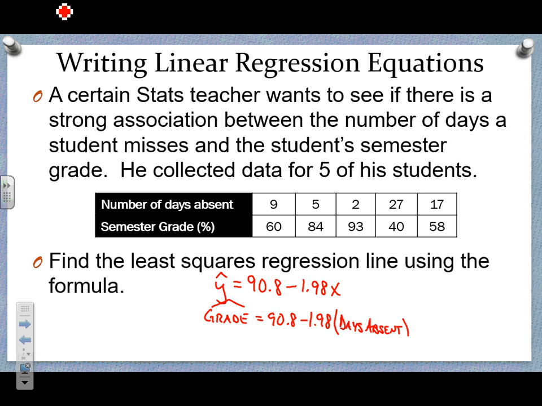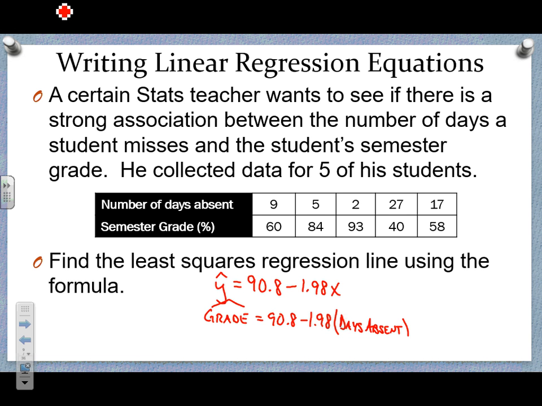Okay, this slope of negative 1.98 literally means for each additional day you miss, every time you miss another day, your grade decreases by 1.98%. So when you interpret slope, you have to associate it with an increased unit in x and how it affects y. So every additional day you miss school, your grade goes down 1.98%.